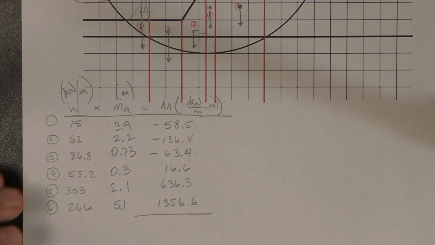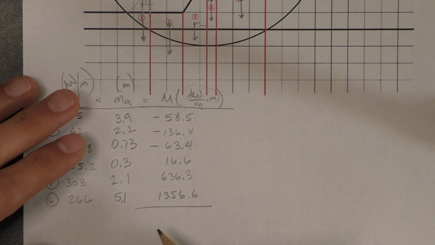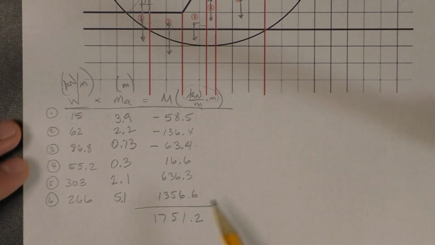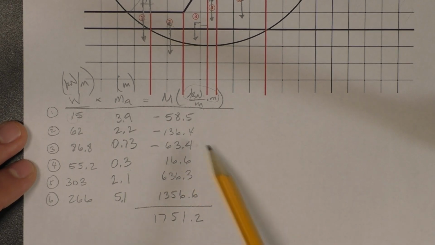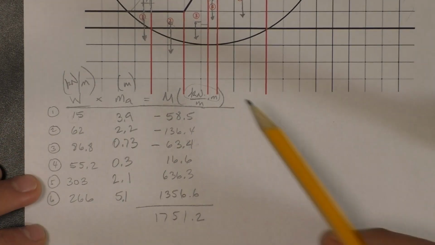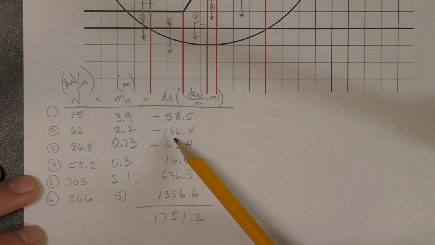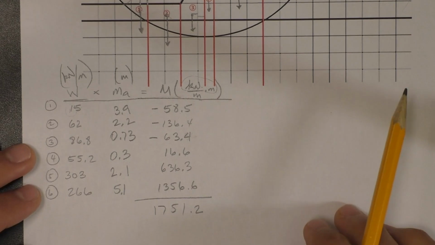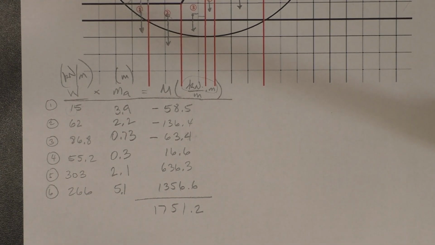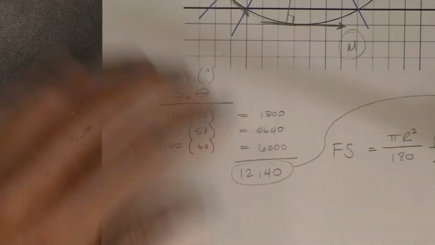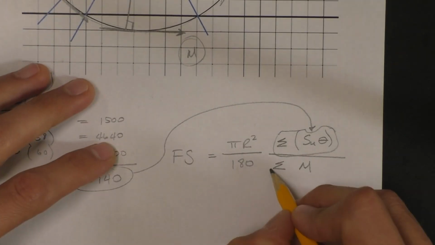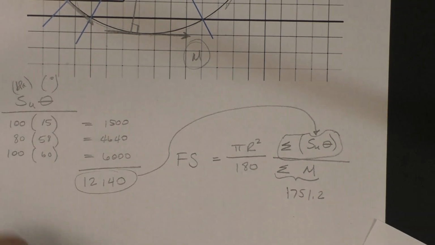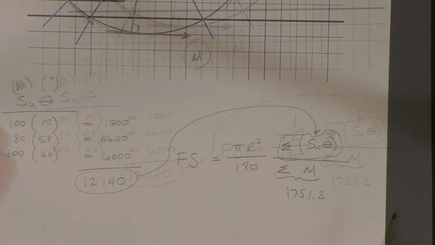If we sum them, 1,751.2. Notice that we're summing positive numbers and also negative numbers. Negative 58.5 plus negative 136.4 plus negative, etc. Plus 16.6, etc. So that belongs here. 1751.2 kilonewton meter per meter, right?